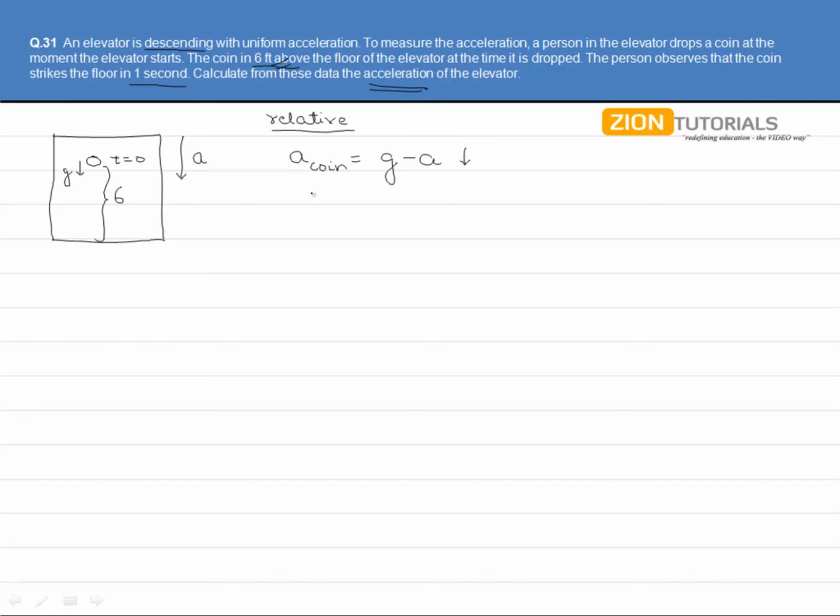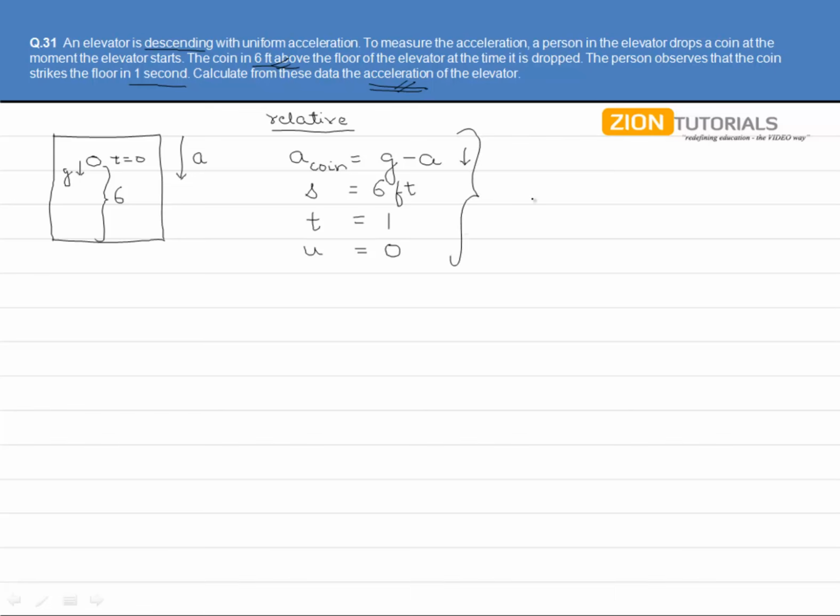Also, we have the relative displacement, or the distance, as 6 feet, and we need to find out the acceleration of the elevator, that is a, where we have been given the time equal to 1 second, and the relative initial velocity is obviously 0 because both were at rest.